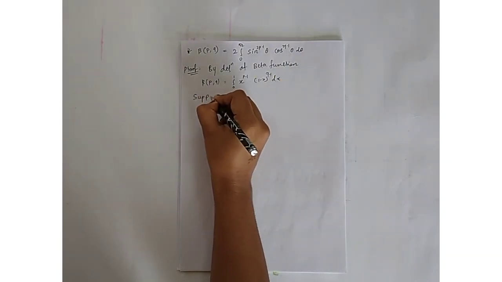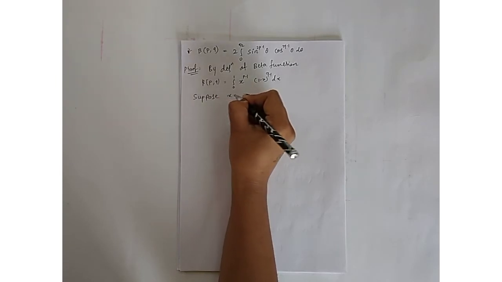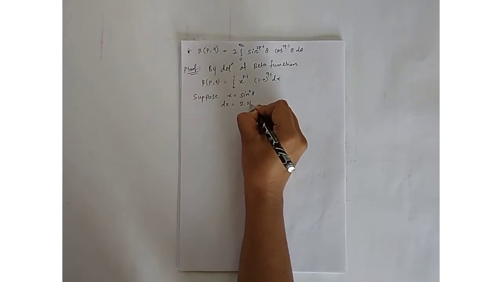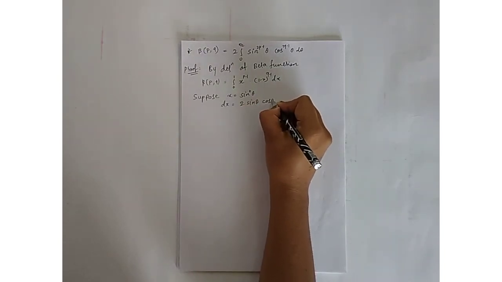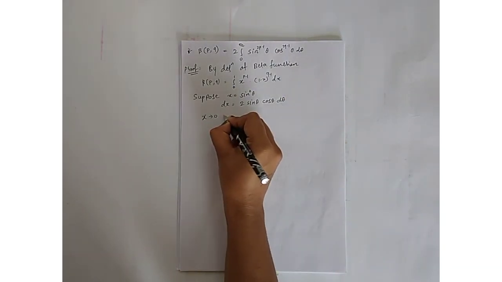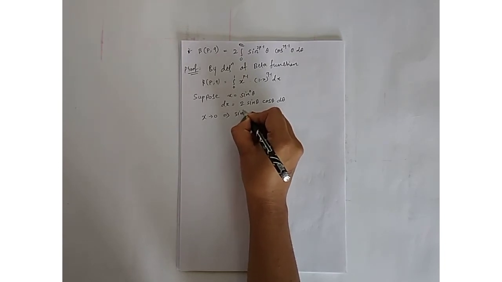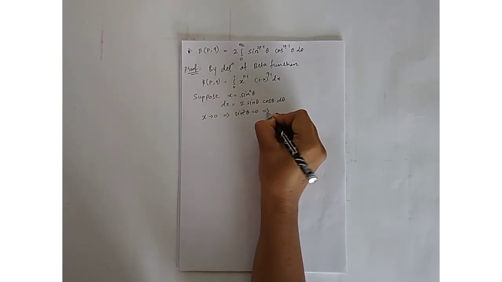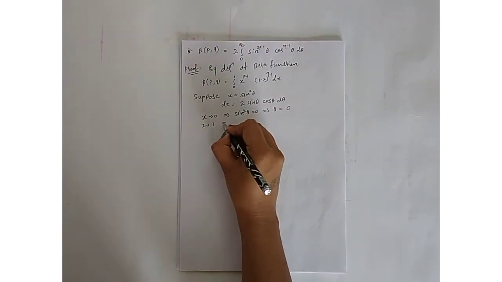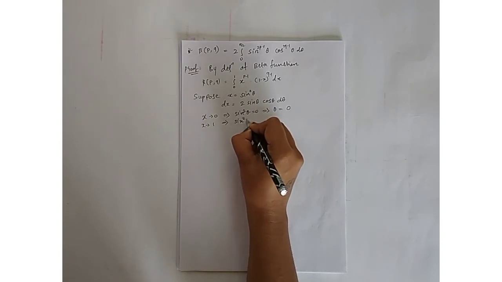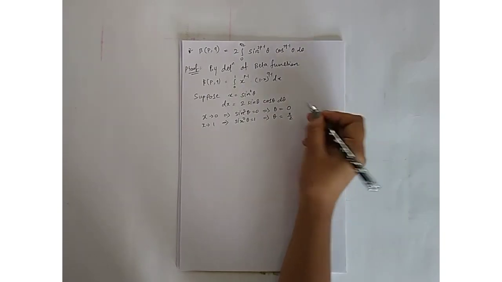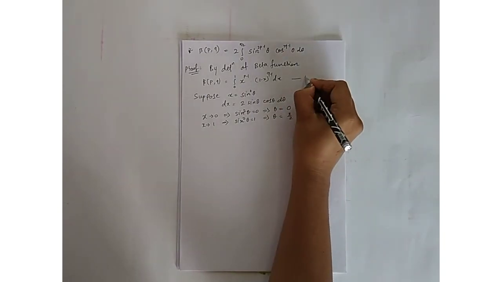Suppose x is equal to sine square theta. So dx is equal to 2 sine theta times the derivative of sine theta, which is cos theta, times d theta. Next, x tends to 0 means sine square theta is equal to 0, so theta is also 0. When x tends to 1, sine square theta is equal to 1, and the value of theta is pi by 2. So put all these values in equation number 1.